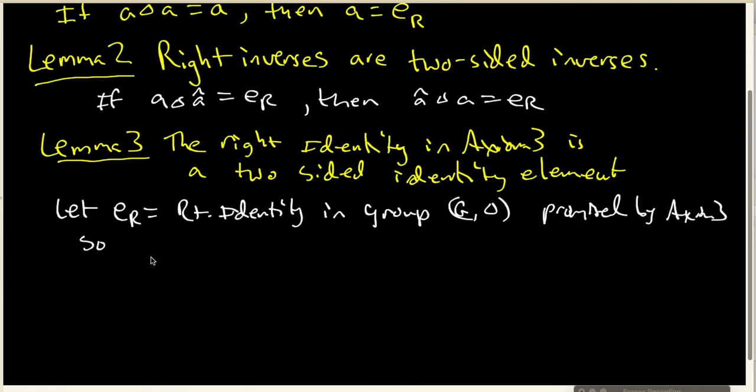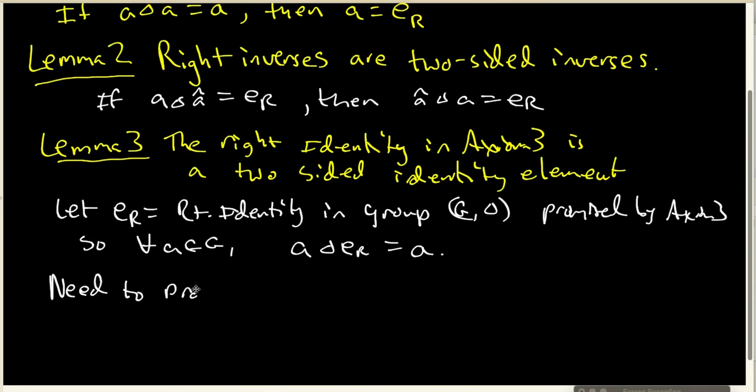So what we know is that for all A's inside G, A triangled with ER is equal to A. We need to prove that ER triangled with A is equal to A for all A's inside our group.